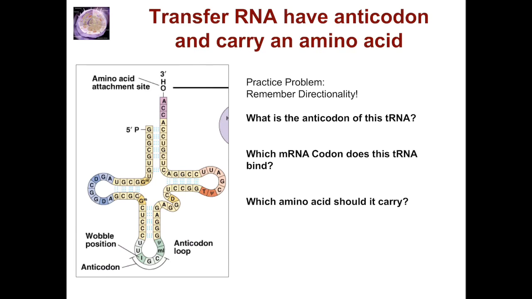And what you need to figure out is this tRNA has to bond to the messenger RNA codon. Okay, so the messenger RNA and the tRNA anticodon are complementary base paired, and they're also in anti-parallel orientation.